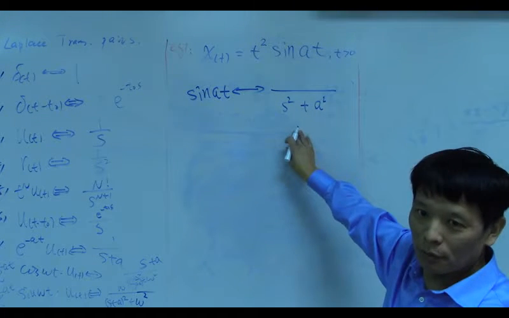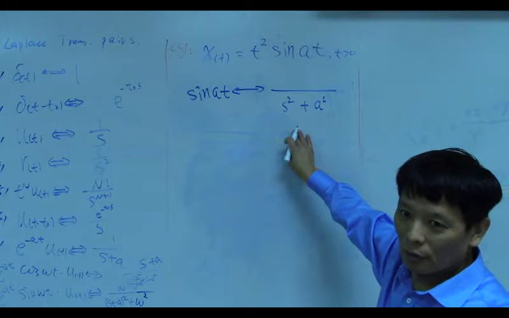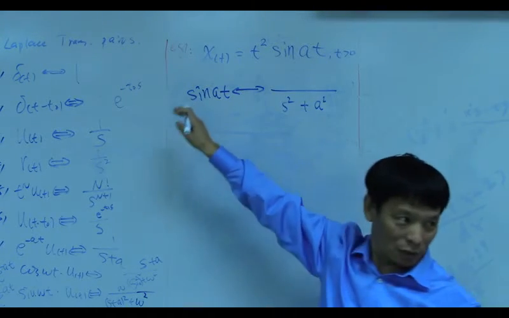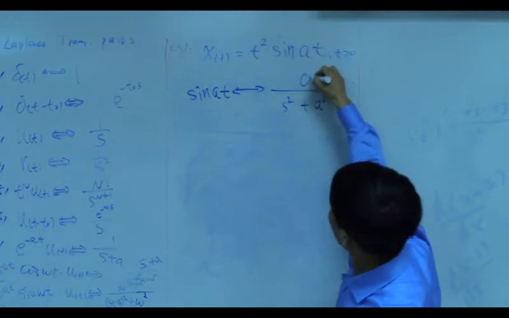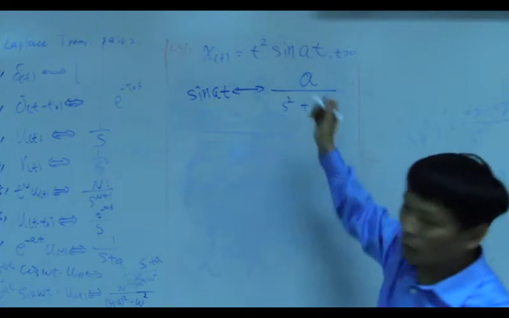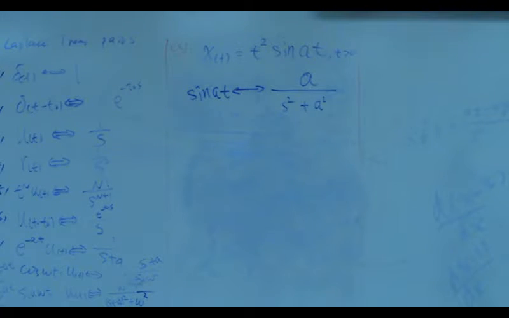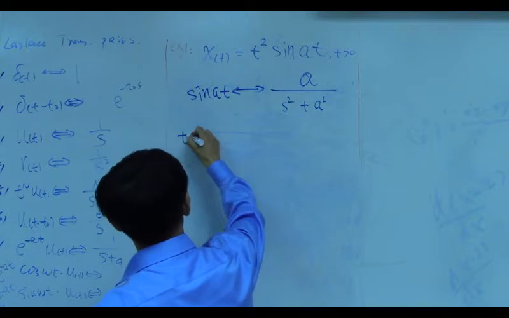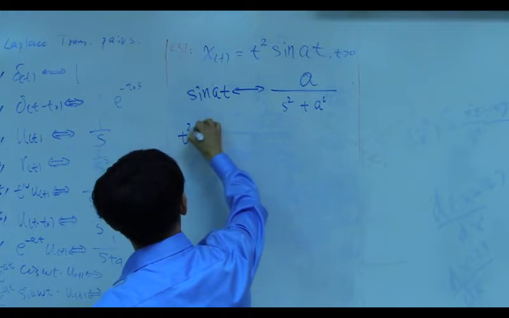What is on the top? a. We already have s, so we don't have s on top, so that is a. Alright, that is good. Everybody agree with this? Okay, now let's do t squared sine at.